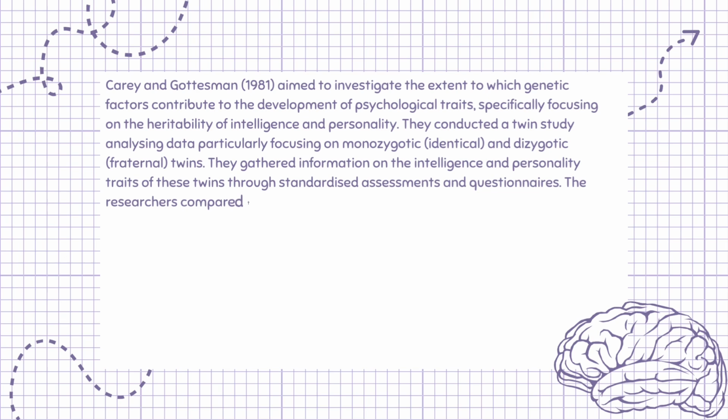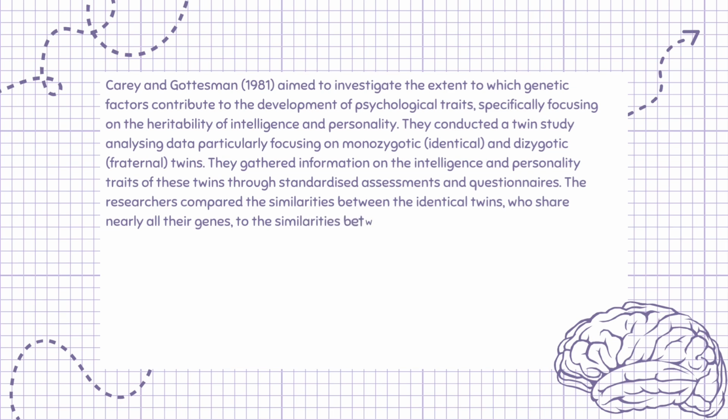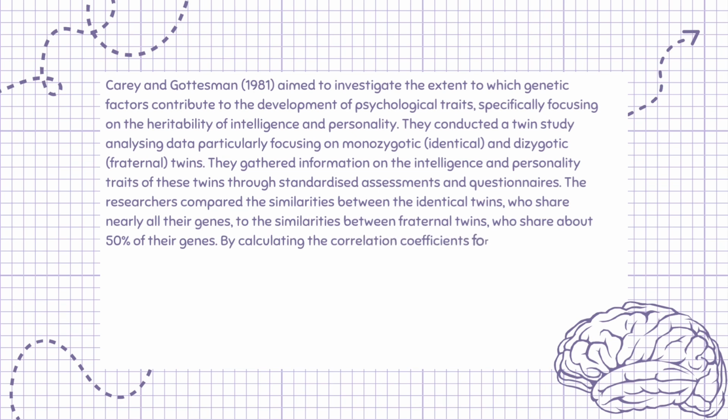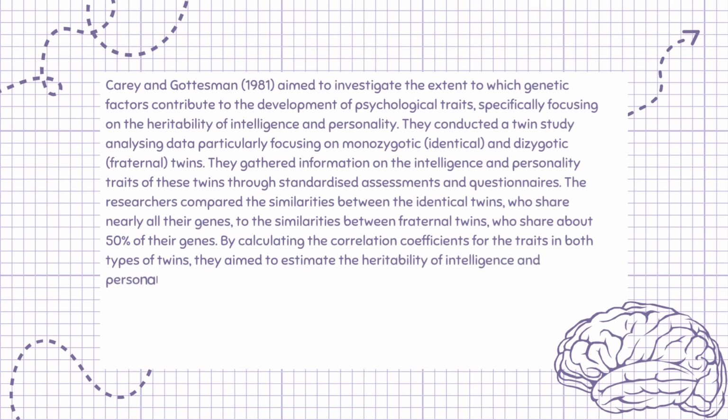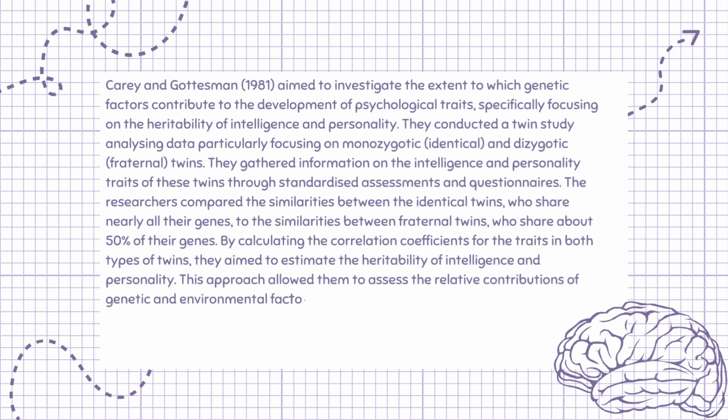The researchers compared the similarities between the identical twins, who share nearly all their genes, to the similarities between fraternal twins, who share about 50% of their genes. By calculating the correlation coefficients for the traits in both types of twins, they aimed to estimate the heritability of intelligence and personality. This approach allowed them to assess the relative contributions of genetic and environmental factors to these psychological traits.